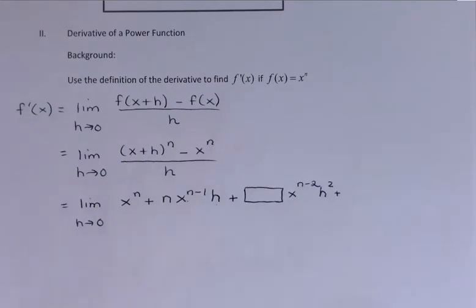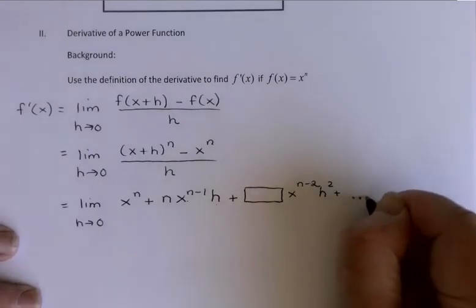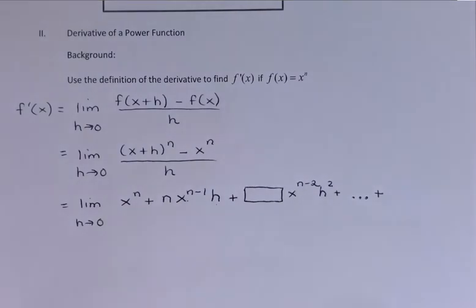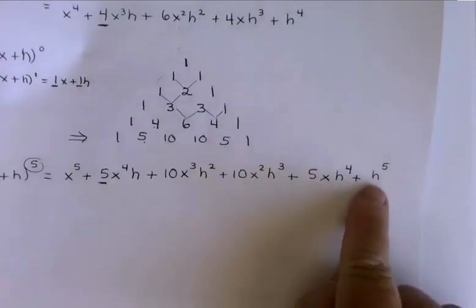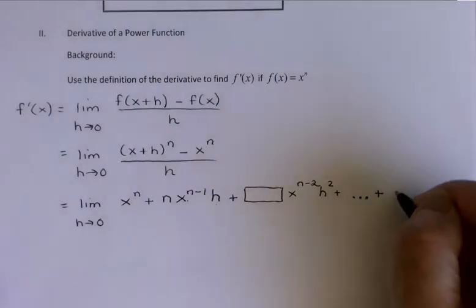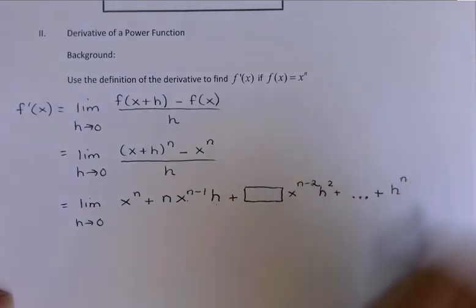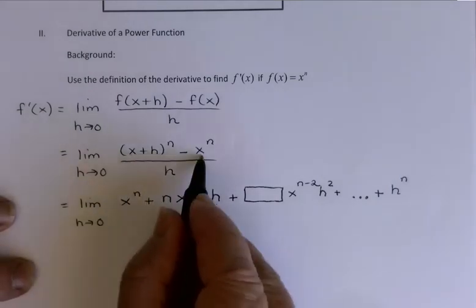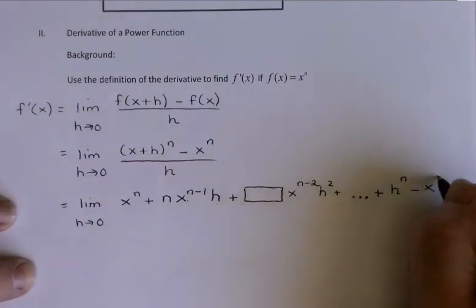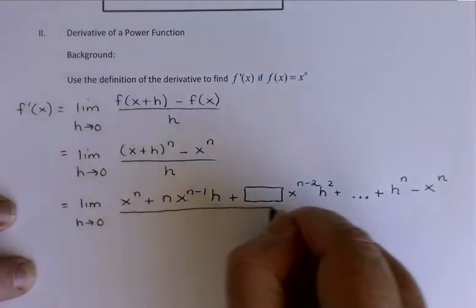I'd keep on going down in powers of x and up in powers of h. Finally, at the end, we always ended with a coefficient of 1, and we have h to whatever power, so we'd end with an h to the n power here. So that's the x plus h to the n. I also have a minus x to the n, and then that's all over h.